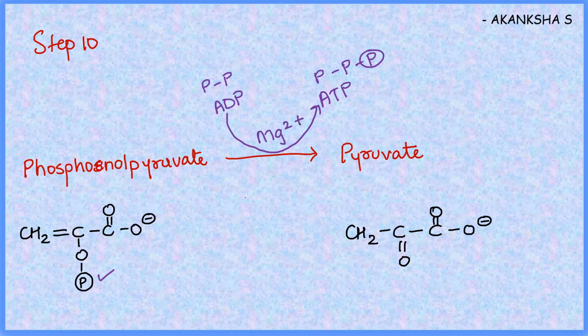And the final thing that we need to know over here is pyruvate kinase. That is the enzyme that is being utilized. Another thing, 2 phosphoenol pyruvate got converted to 2 pyruvic acid or pyruvates. So definitely 2 ADP got converted to 2 ATP. And that is how the complete breakdown of glucose has resulted in a 3-carbon compound called pyruvate.